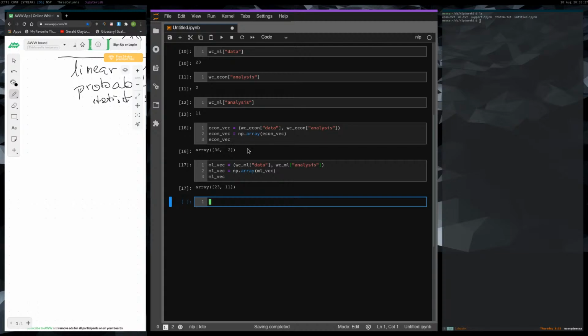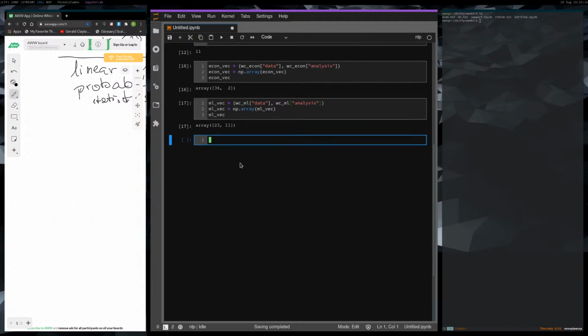And we have our array of 23 by 11 as the representation of the vectors. These are by definition column vectors, so if you were to represent them mathematically, they would look like this, 23 by 11. These are column vectors, not row vectors, even though they look slightly different. So beware of that. This will become important later.